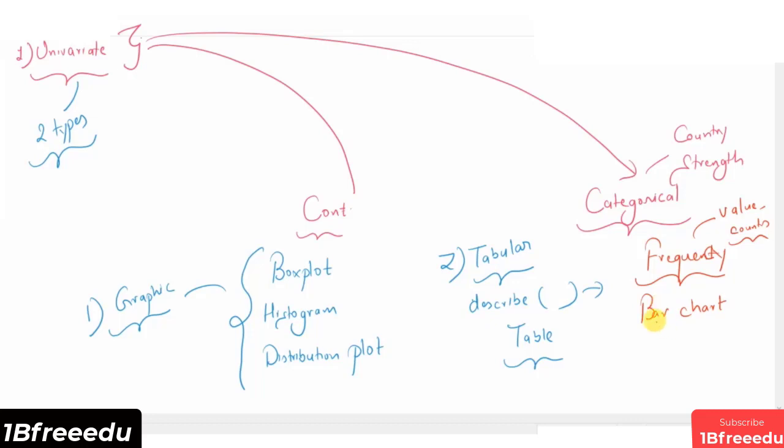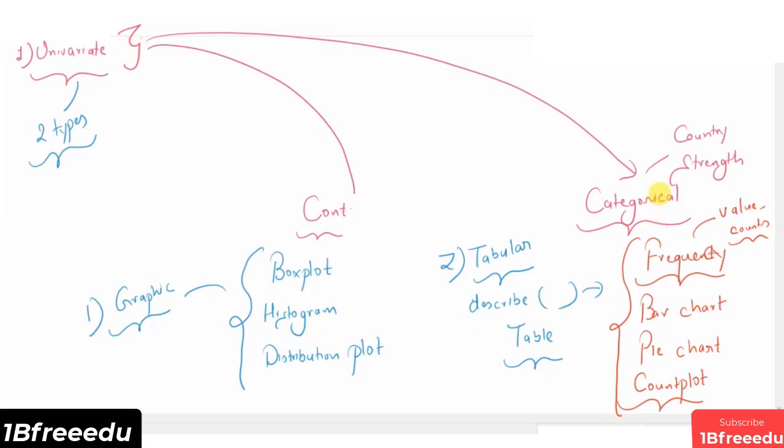That is also univariate analysis for a categorical feature. In a similar way, we have a pie chart, and also a count plot, which is a part of the Seaborn module. So these are typically 4 ways to perform univariate analysis for categorical features.